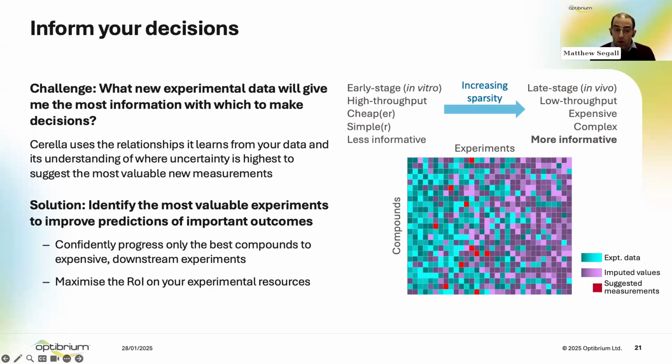This helps us to more confidently progress only the best compounds downstream to those expensive experiments, and hence maximize the return on investment in the experimental resources for your project.